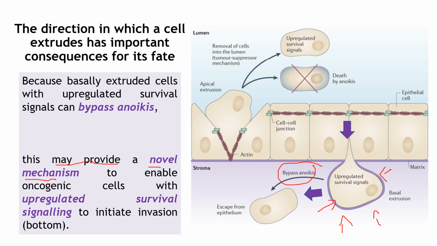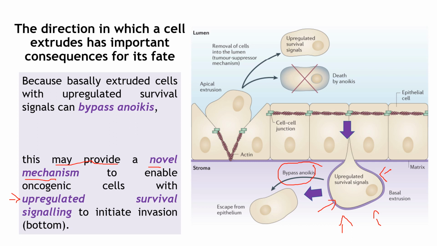But the idea is that these novel mechanisms can upregulate survival signals and initiate tumor invasion, all these things that we studied at the beginning of the course that can initiate cancer.